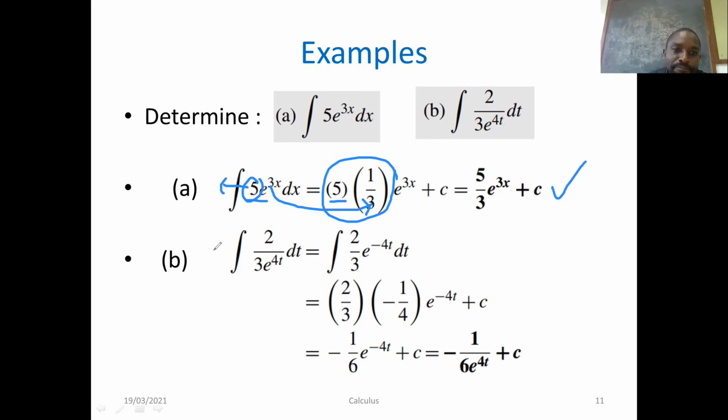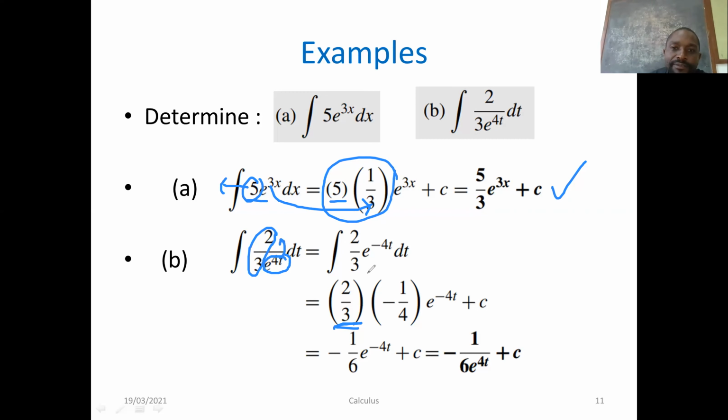Equally, on example number B, you are given the integral of 2 divided by 3 exponent 4t dt. You can factor out the 2 over 3 outside here as shown here. And then you can rewrite this exponent by taking it up.